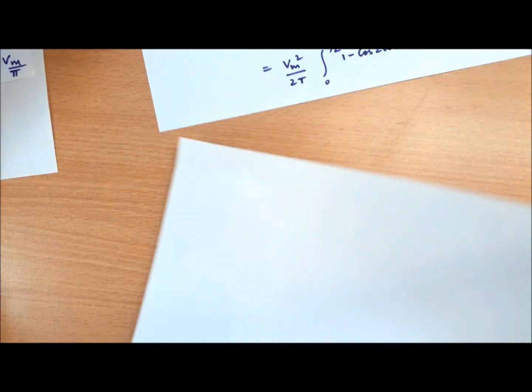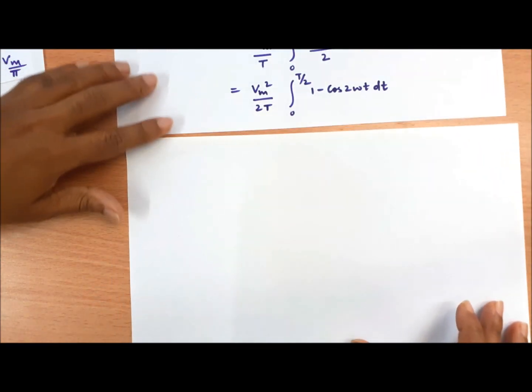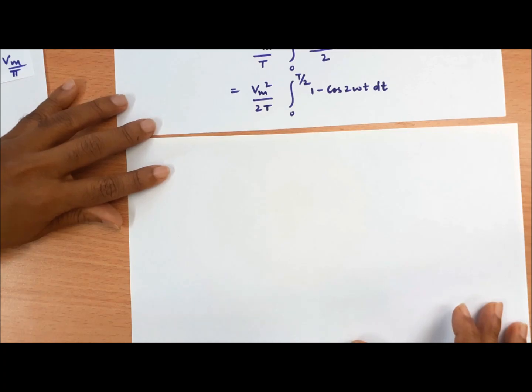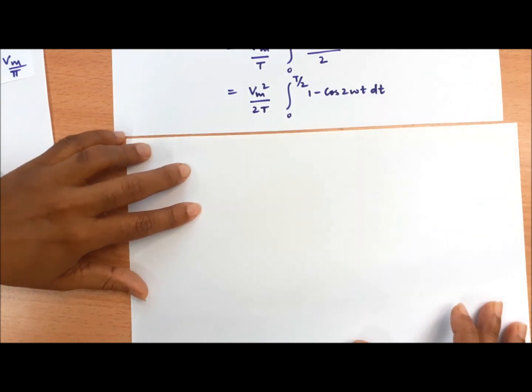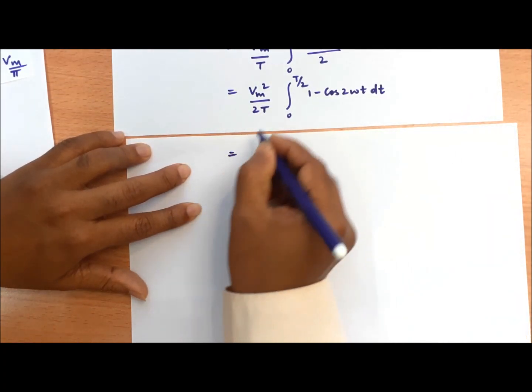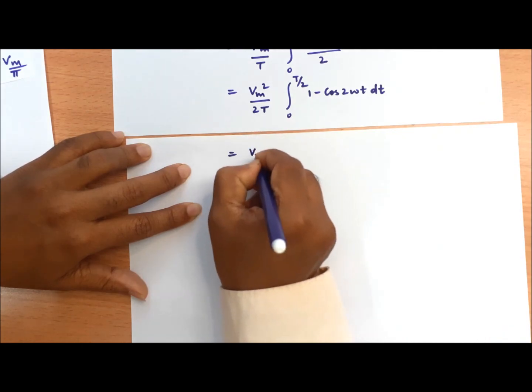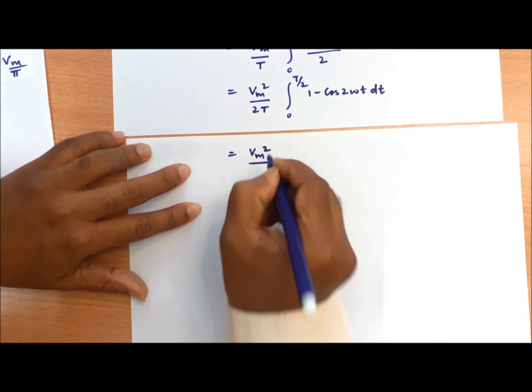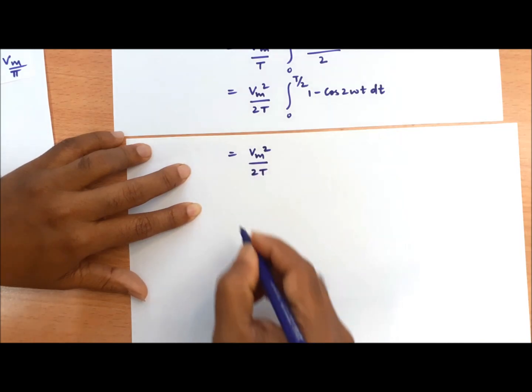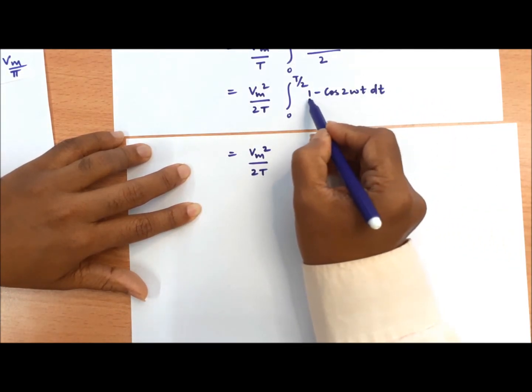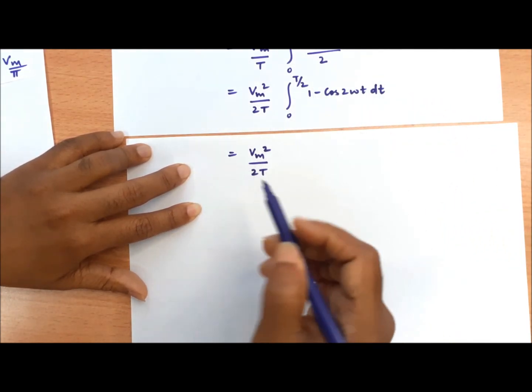Continuing from the previously stopped step, what I'm going to get is Vm square upon 2T. What is the integration of 1 with respect to the time t?